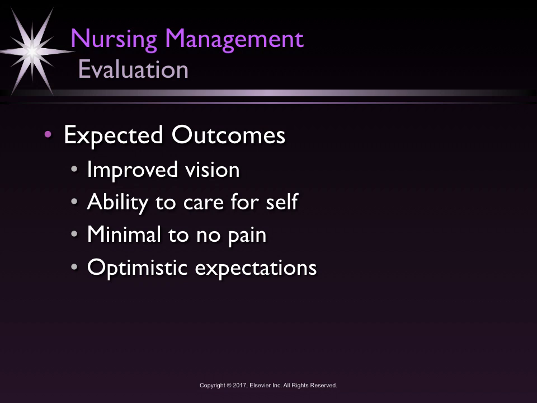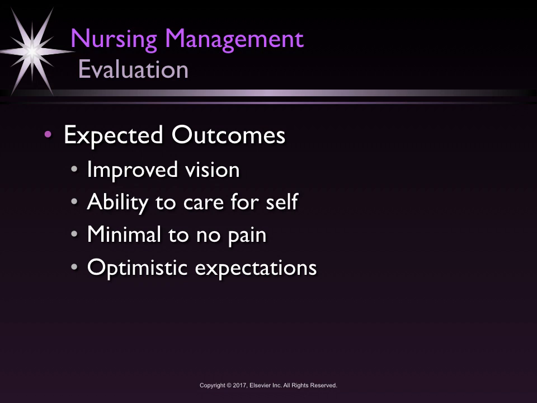When we look at the evaluation, the expected outcomes will be that they have improved vision, that they have the ability to care for themselves, that they have minimal to no pain, and any pain that they have should be able to be taken care of with over-the-counter pain medications, and that they have optimistic expectations as far as their outcomes.